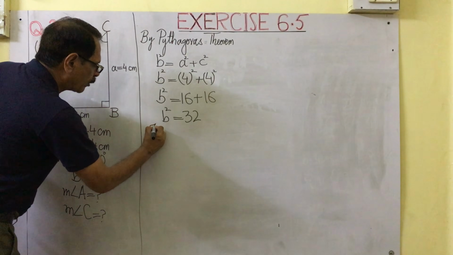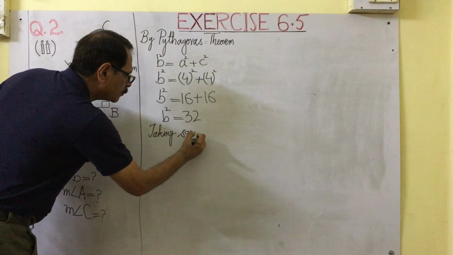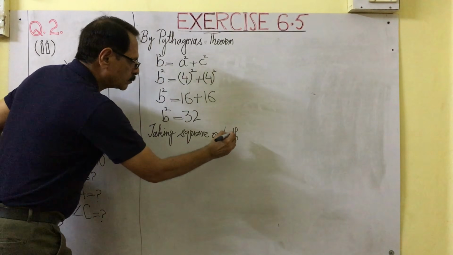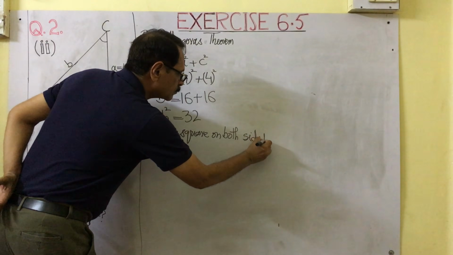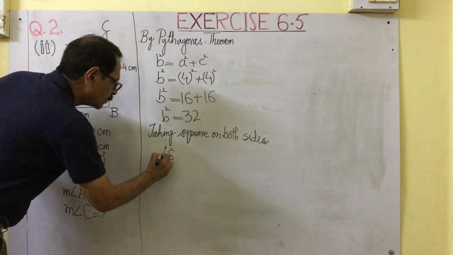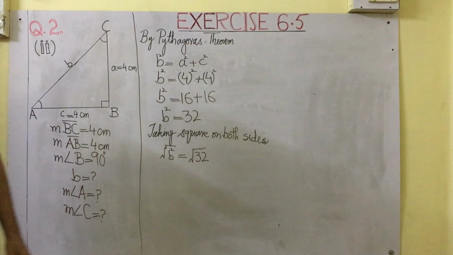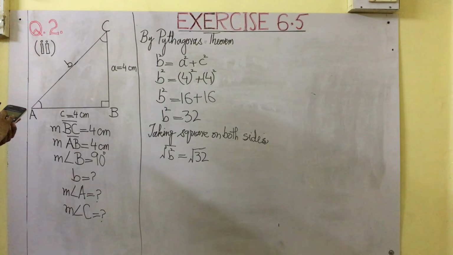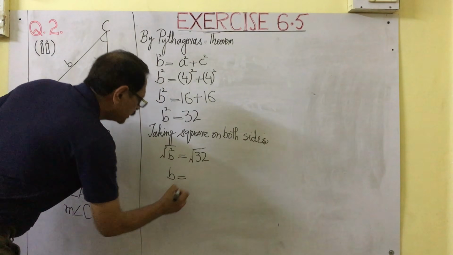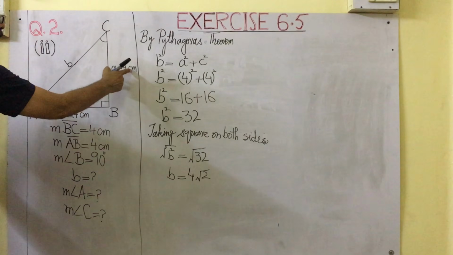Here you will say, taking square root of both sides, square root, B is equal to 4 into square root of 2. It is in centimeters.